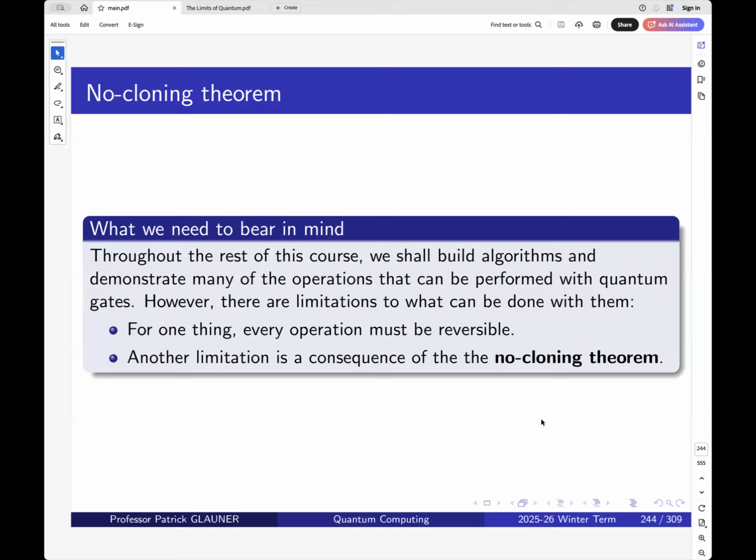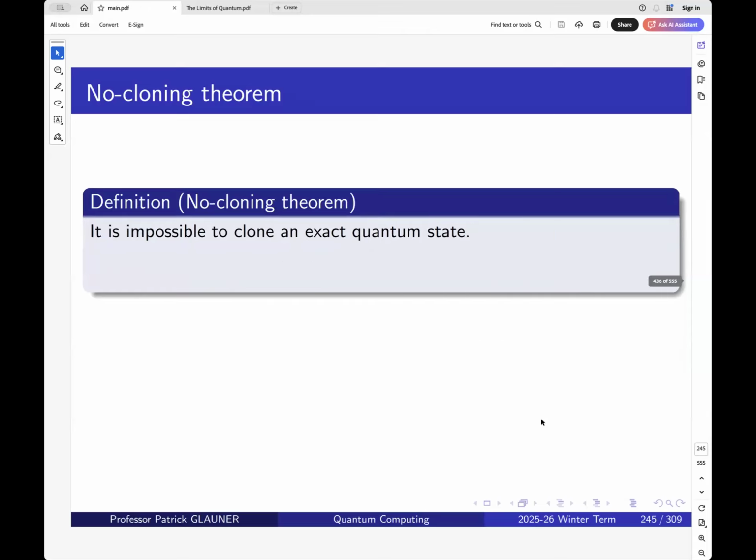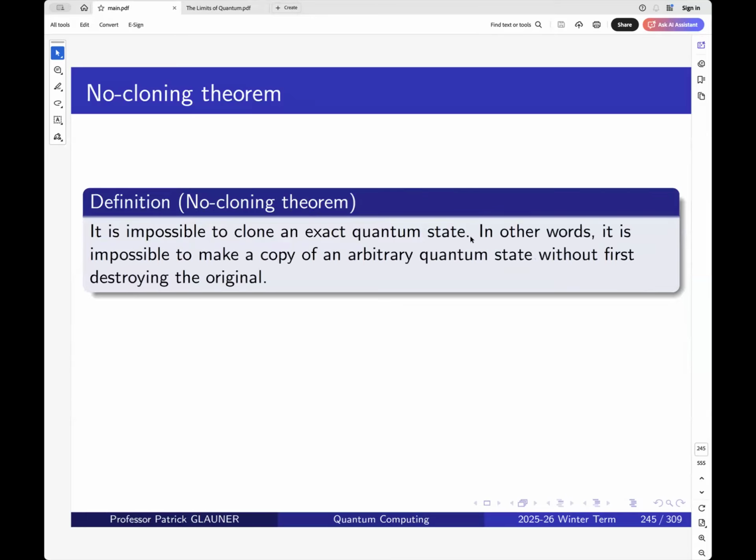You cannot just copy-paste a quantum state, because the no cloning theorem from quantum mechanics says that it is impossible to clone an exact quantum state. It is impossible to make a copy of some arbitrary quantum state without first destroying the original.